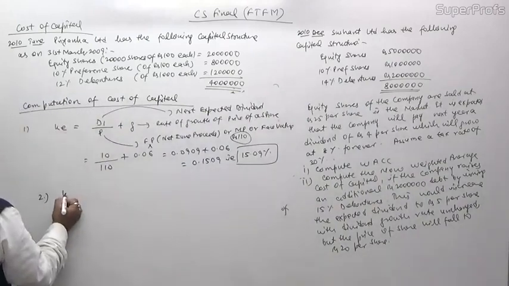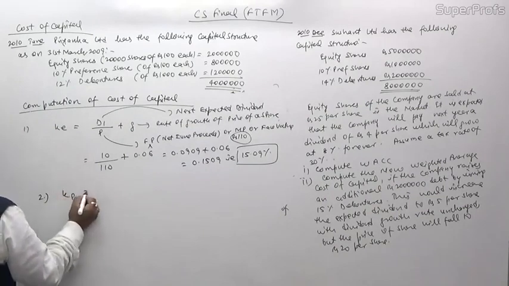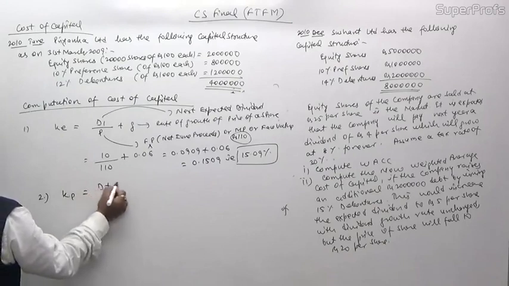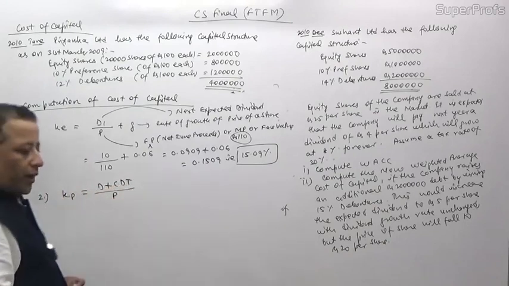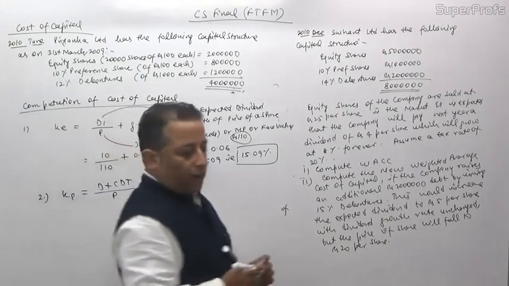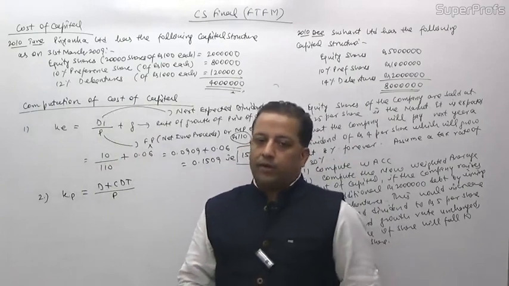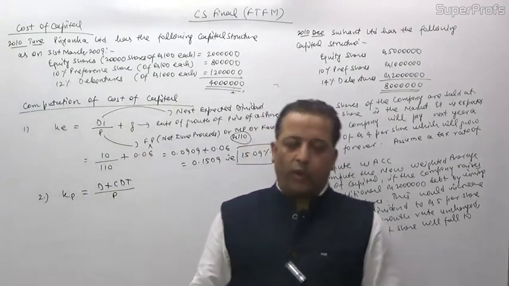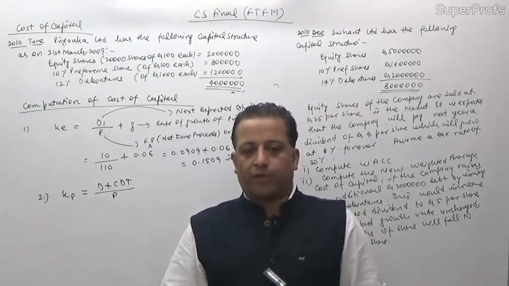The second part: I have to calculate the cost of preference shares. KP is equal to D plus CDT divided by P. There are two types of preference share capital. One is redeemable, the other one is non-redeemable. There is no information provided about the redemption of preference shares.